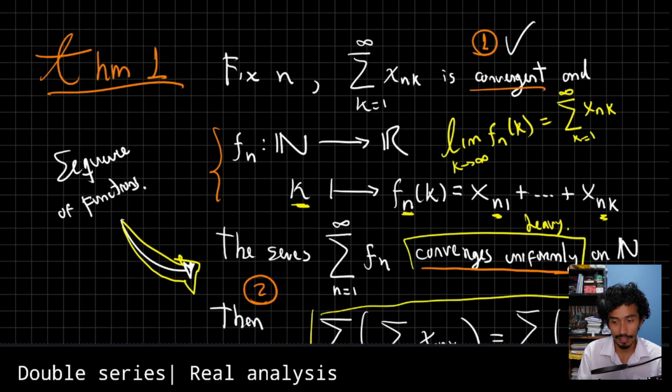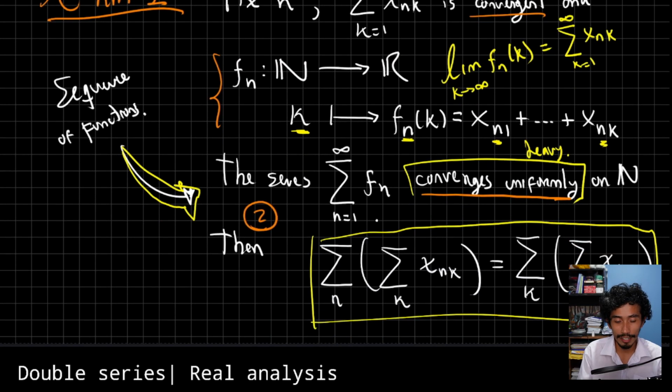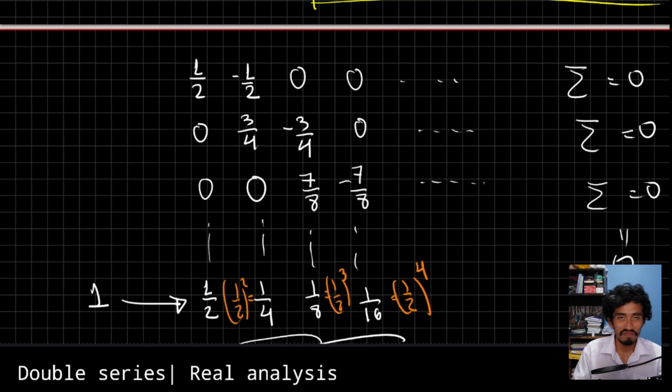But the second assumption failed: when you define those functions, that series is not uniformly convergent, so that's what's happening. So even with this really simple double series, we won't have that property be true.